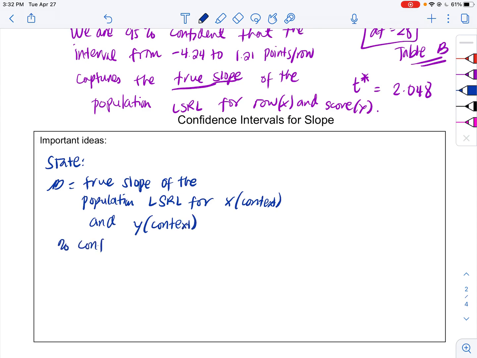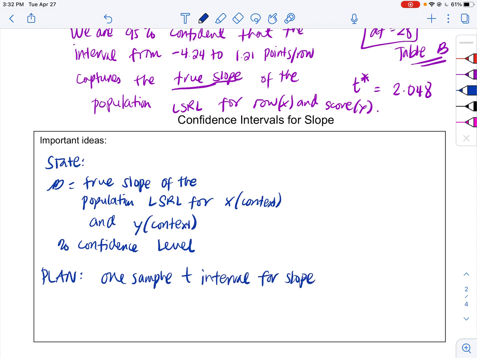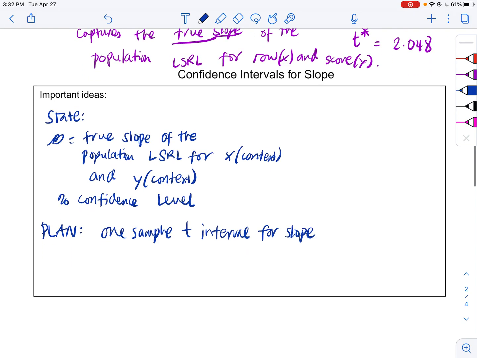And that's it. And we have to do our confidence level. And then for planning, our name of the procedure is one sample t interval for slope, not for mean, not for proportion, for slope.